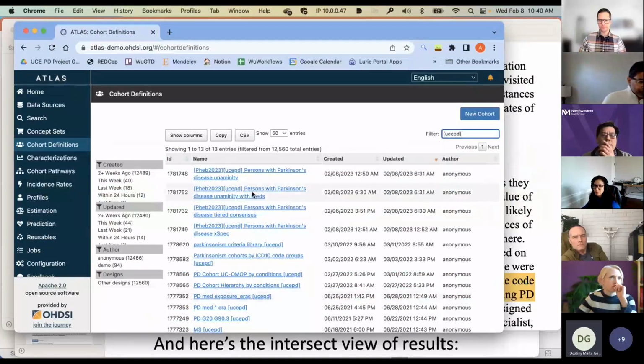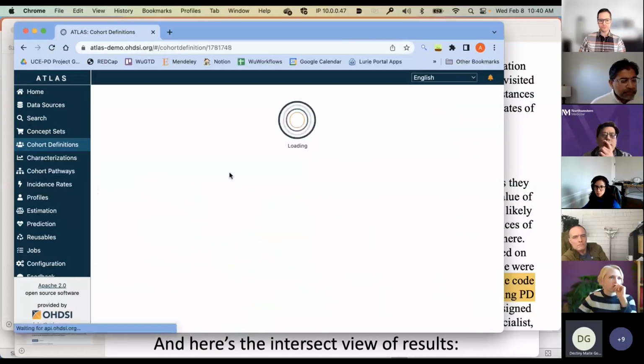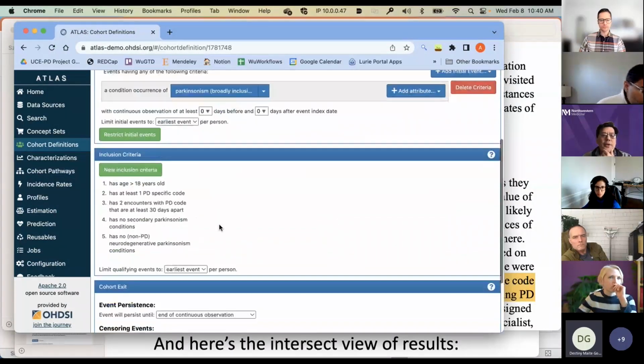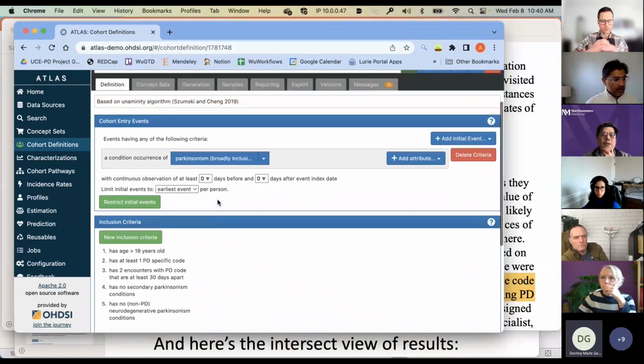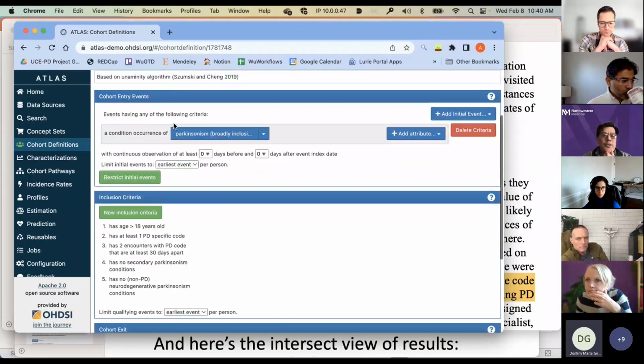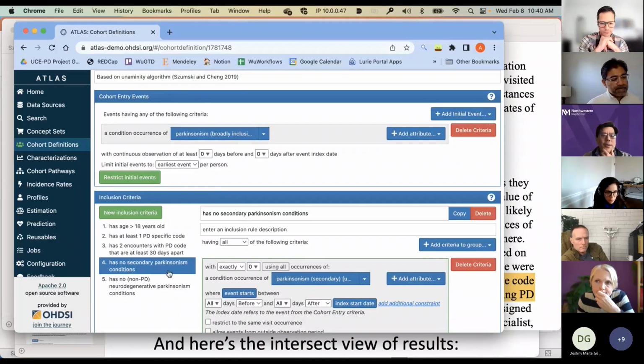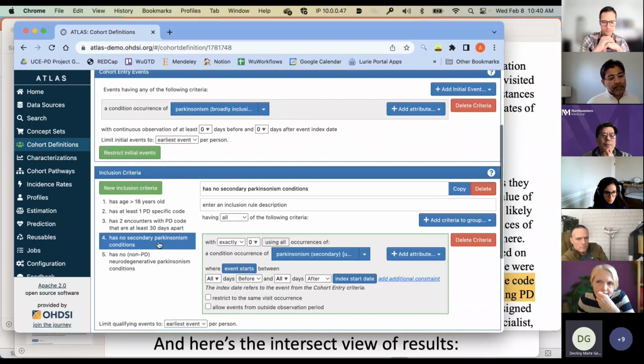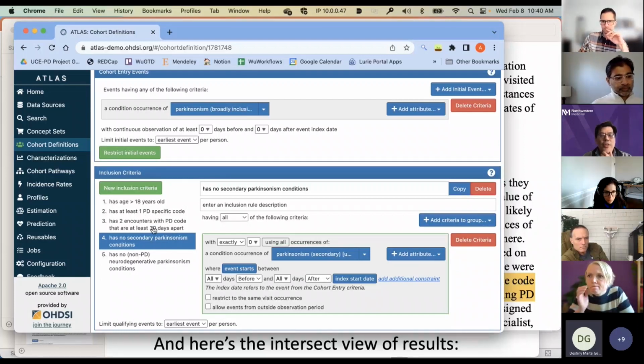Yeah. Okay, so this is the unanimity criteria. This requires the exclusions here to be applied. In fact, all of these should be applied within 3 years of the last.